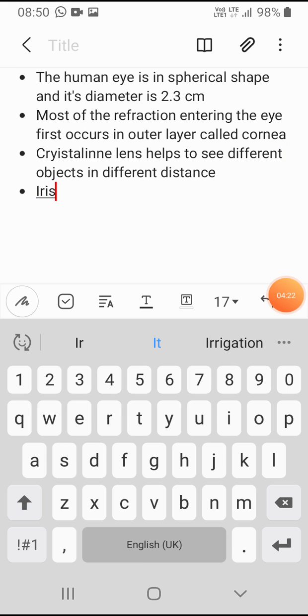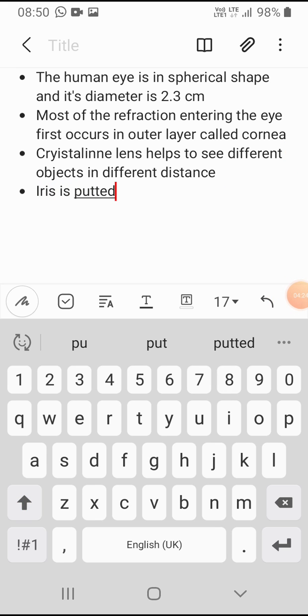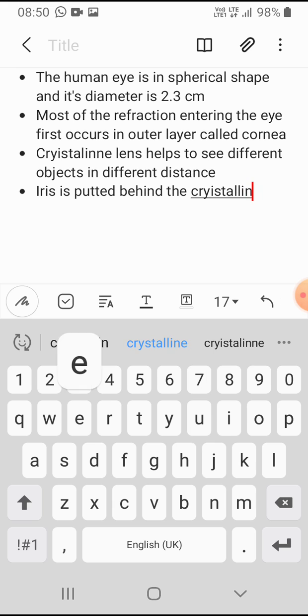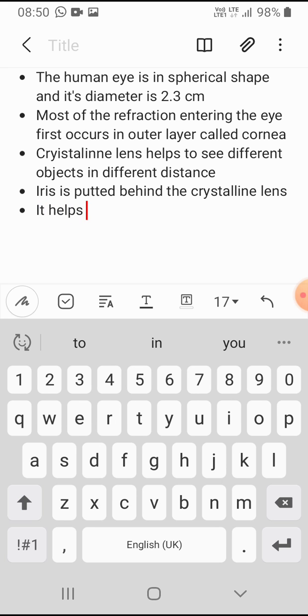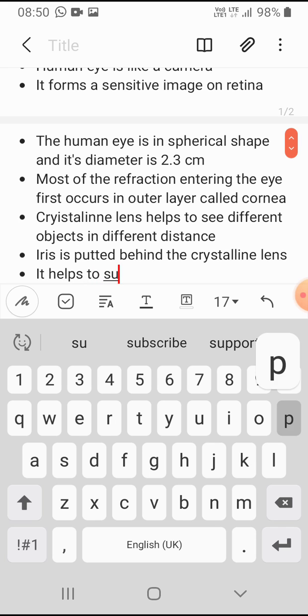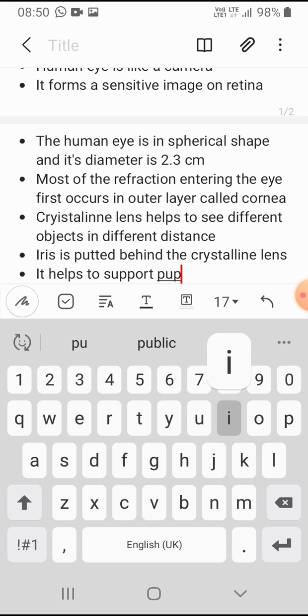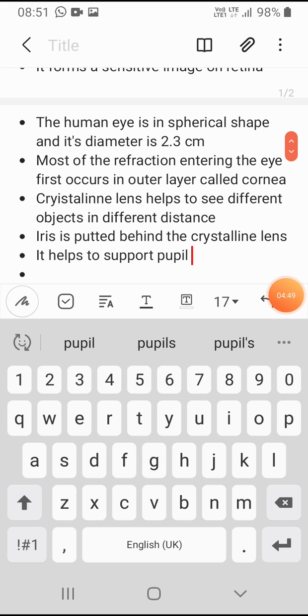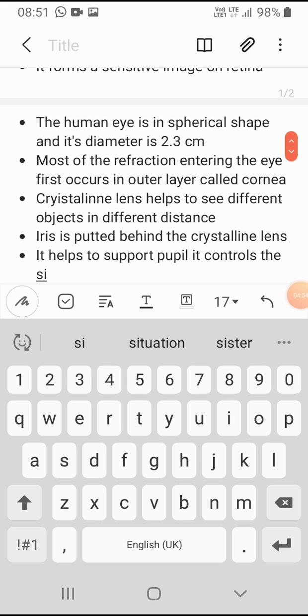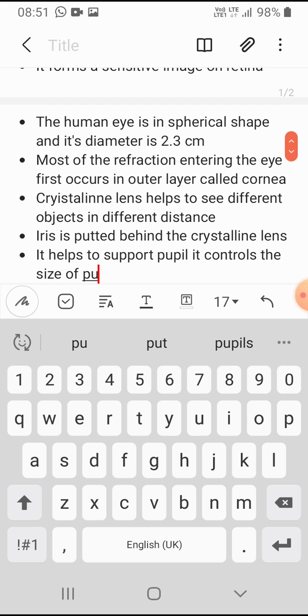The iris is placed behind the crystalline lens. The iris helps to support the pupil and also controls the size of the pupil.